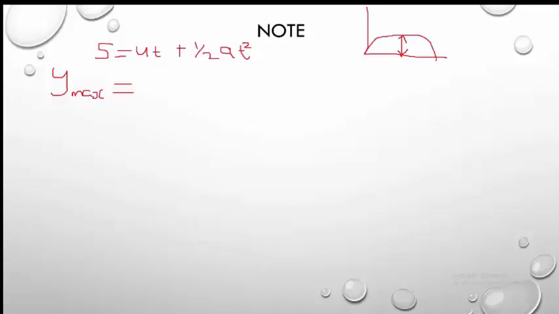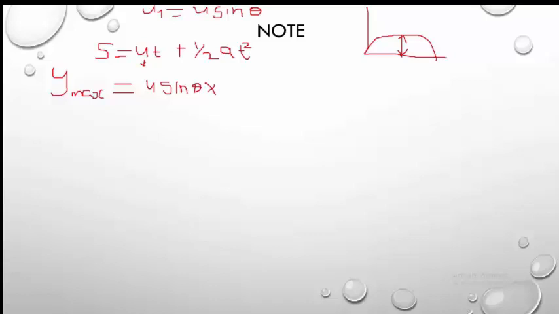And since the distance we are talking about is on the y-axis, then what is my initial velocity on the y-axis? Don't forget, u y is equal to u sine theta. That is my initial velocity. So I can say u sine theta, then times what is t?